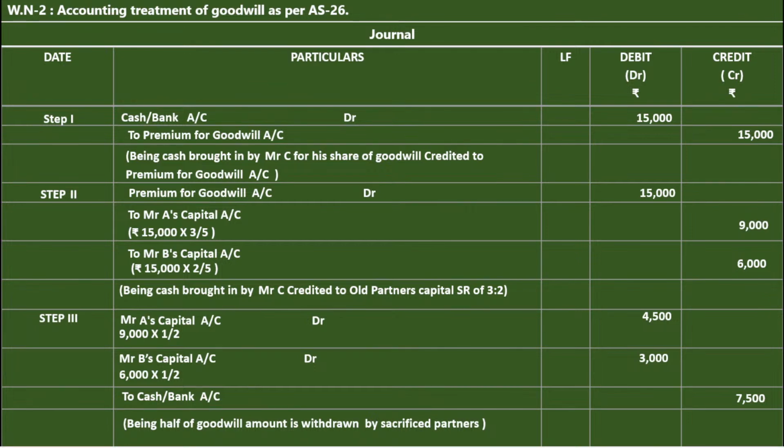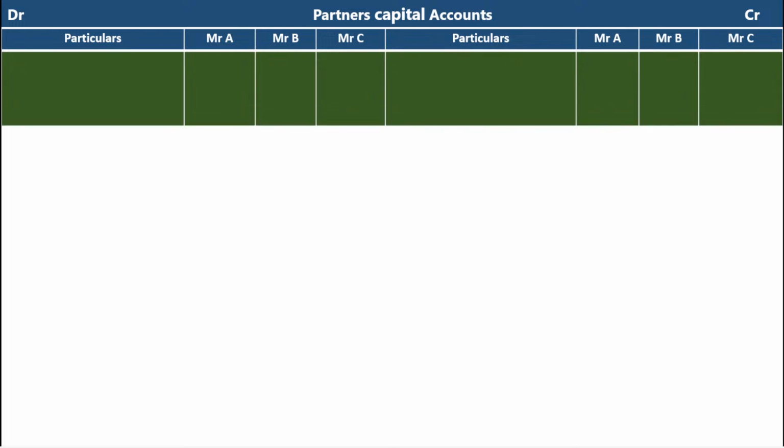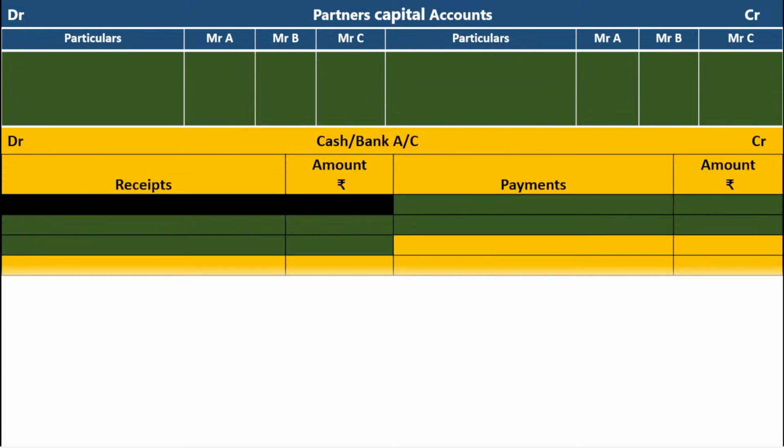Step 3 should be followed only when the goodwill amount is withdrawn by the partners, whether half or full. If it is half, write the half amount. If it is full, write the full amount. I think everybody is understanding it. Let us move on to the next slide. Partner's capital account, cash or bank account.